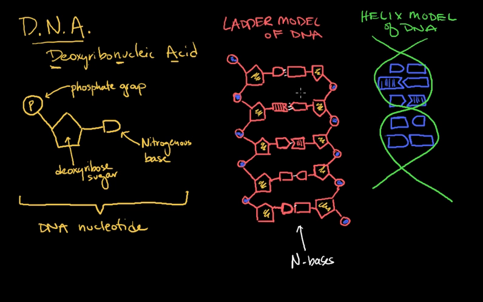So these nitrogen bases are actually very interesting because that's the only thing that makes us different from all other living things. As far as the nitrogen bases, there are only 4 different kinds, which means that it's the order of these things that makes the big difference.